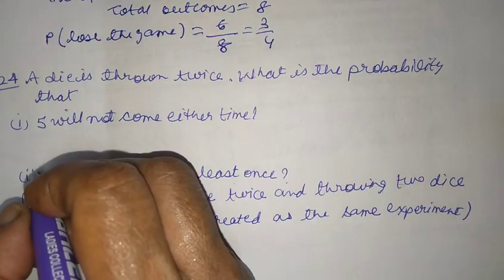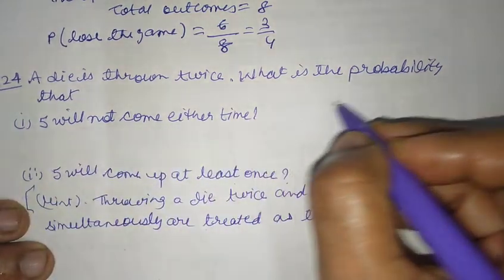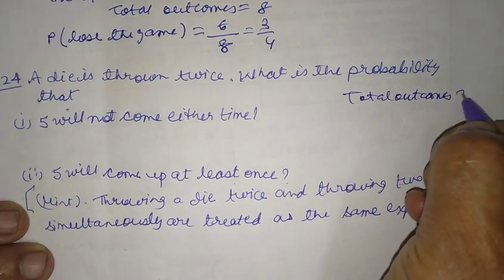So first of all we have to write down the total outcomes, which here is 36.